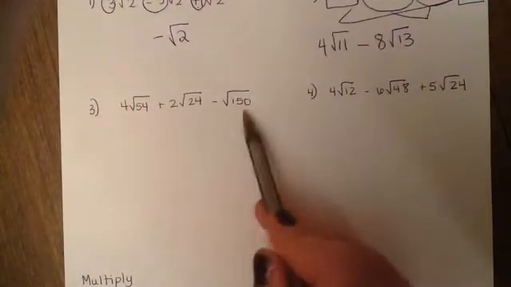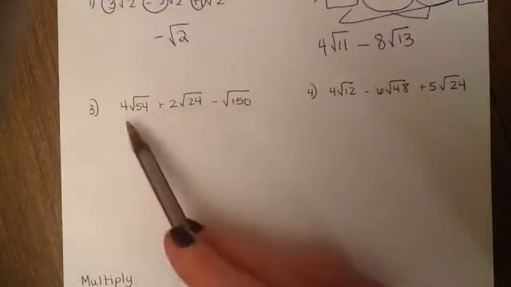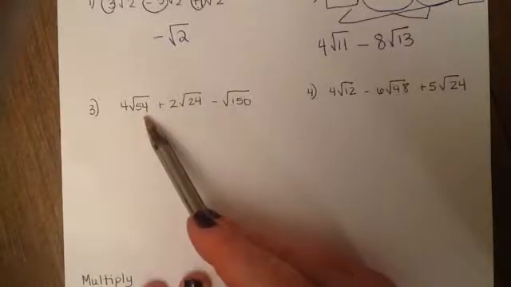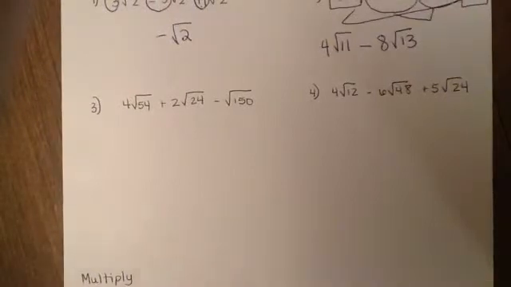Next, when I look at these, I need to make sure that our square root is simplified as much as possible. So I'm going to use that list, our perfect squares. So I need to look at 54. Is there anything that's a perfect square that goes into 54? I think 9 does.